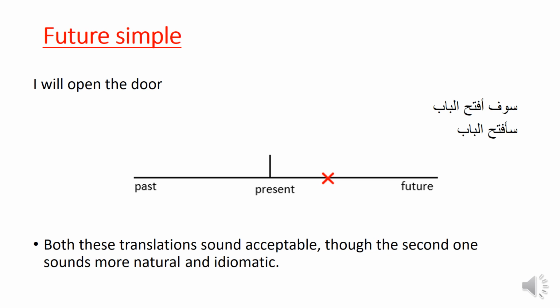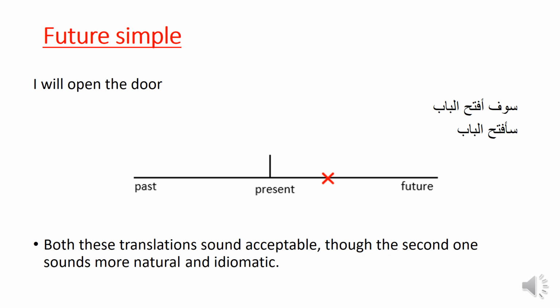How to represent a future simple in the timeline chart. Check with me this timeline. It represents the sentence I will open the door. The action is a kind of specific point within the future timeline, and you can see it occurs after the present point at a specific point in the future.